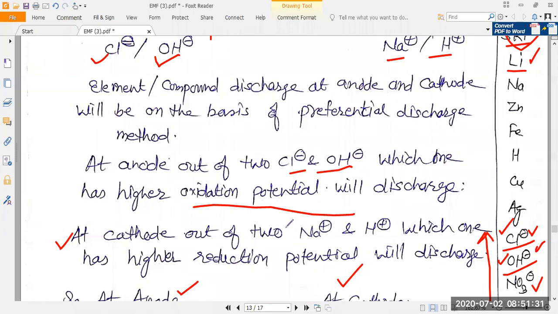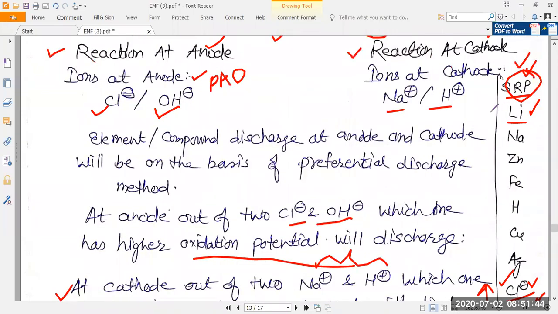So out of sodium ion and hydrogen ion, which ion has more reduction potential? In the SRP series, when we move up to down, the reduction potential increases.